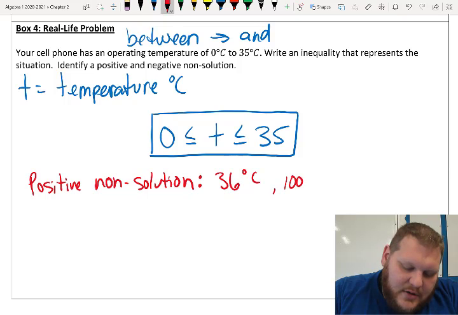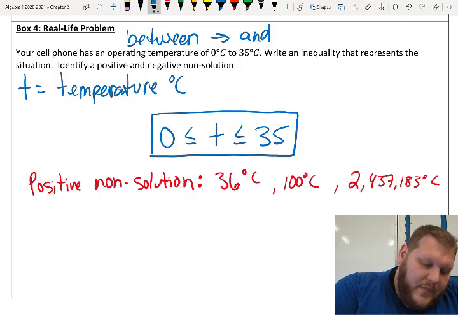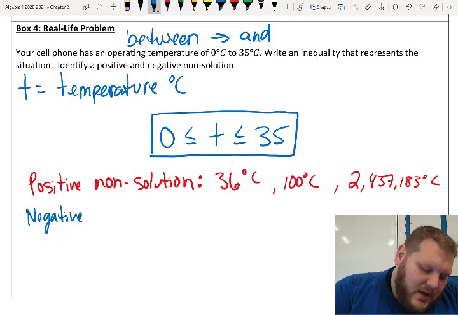You could say 100 degrees Celsius. You could say 2,437,183 degrees Celsius. Any of those work as long as it's a positive number bigger than 35. For my negative non-solution, these temperatures are going to be too cold for my phone.